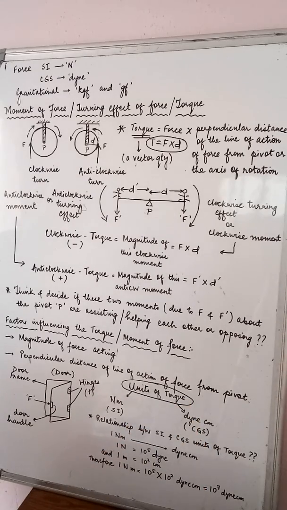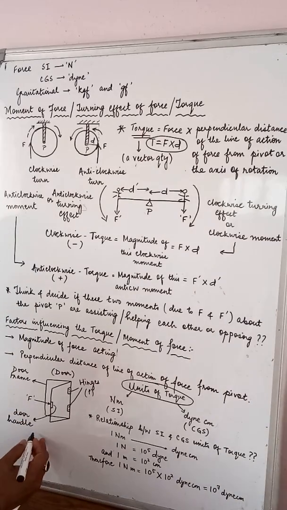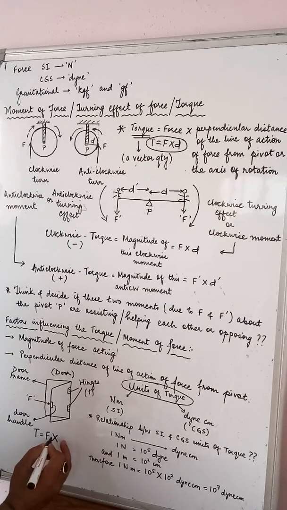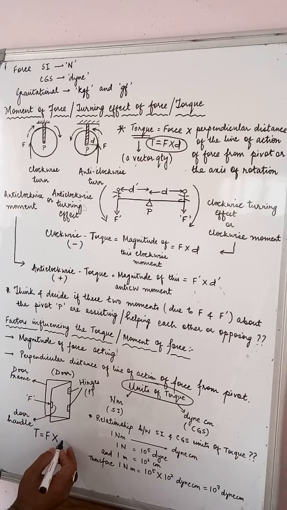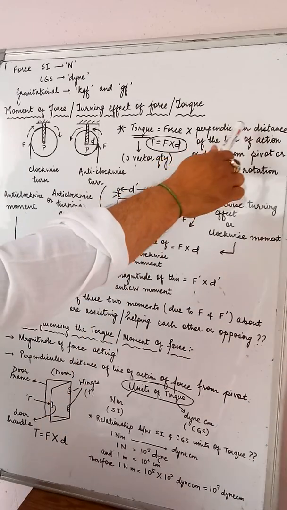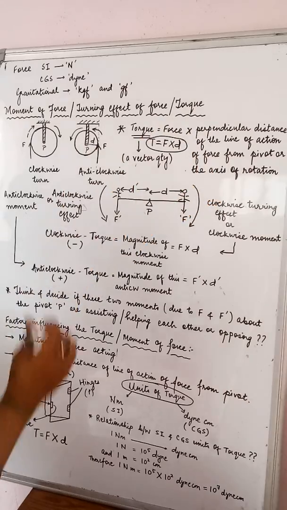So if somebody wants to know what is the torque or the moment of this force, how are you going to calculate it? Once again we will have torque in terms of force, the force that you are applying at the door handle, multiplied by the distance. What is this distance going to be? Please remember, the perpendicular distance of the line of action of force.